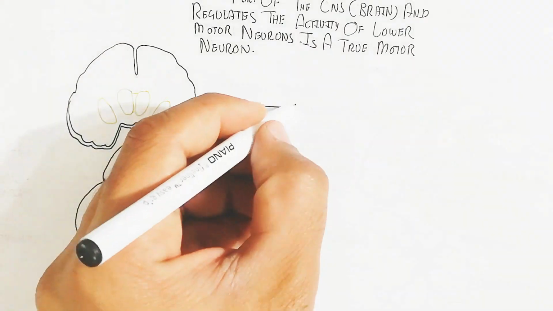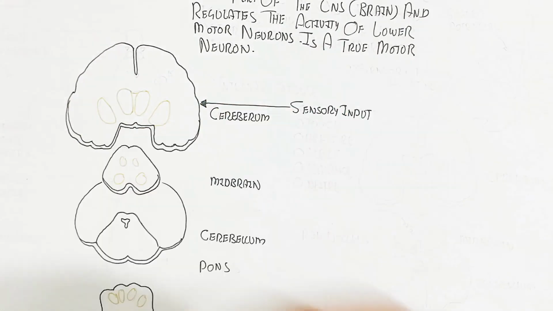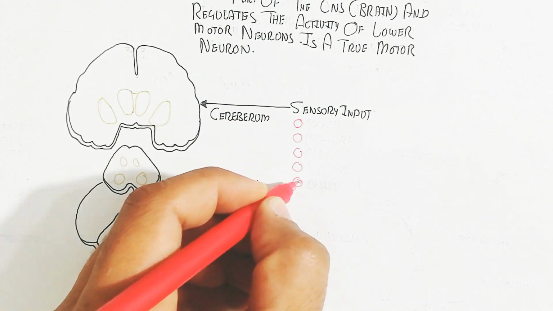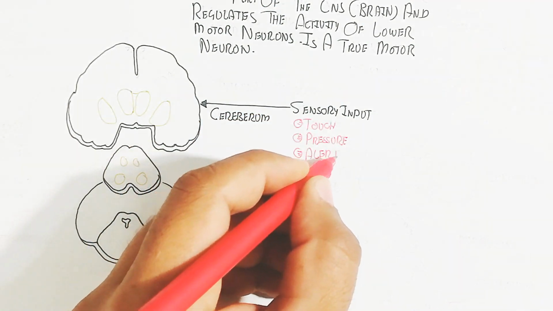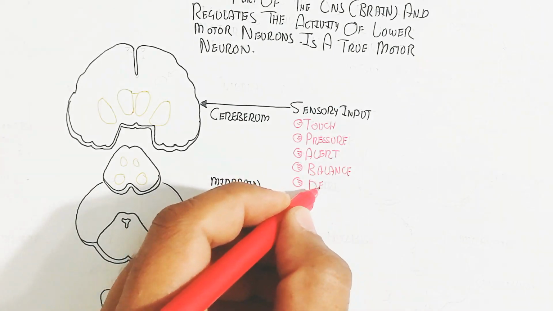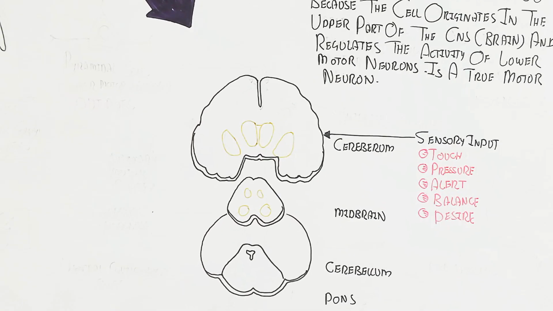Here is the sensory input, like touch, pressure, alertness, balance and desire, on several parts of the body, which will trigger the movement as a response.